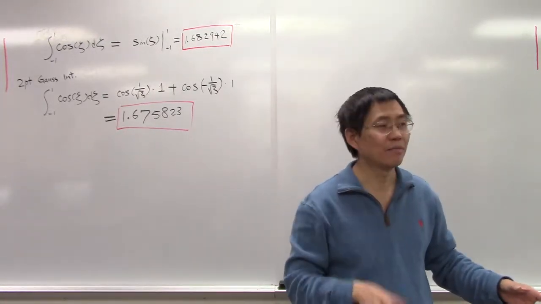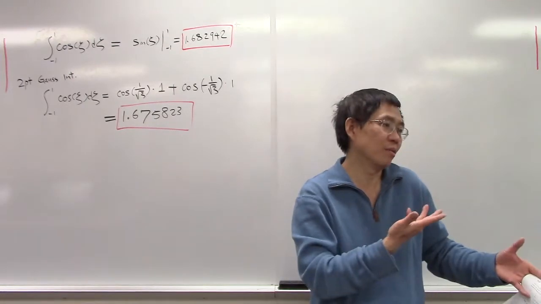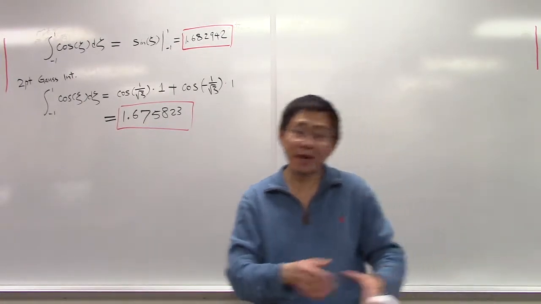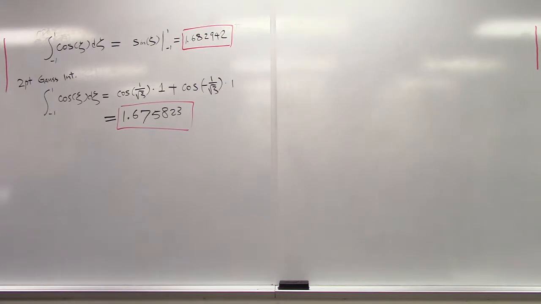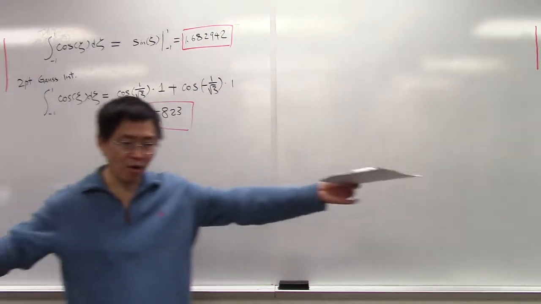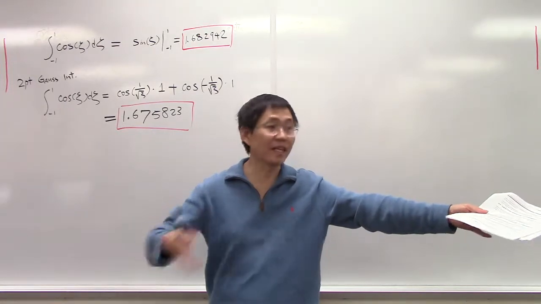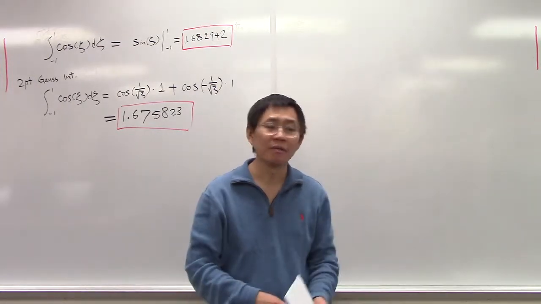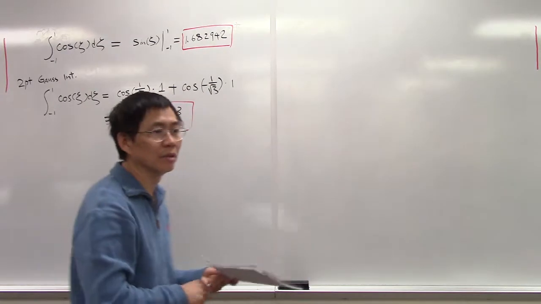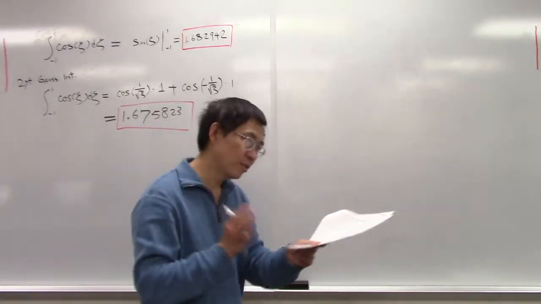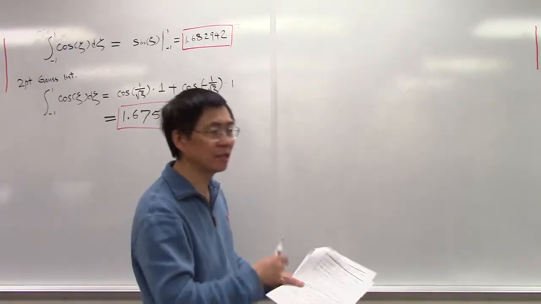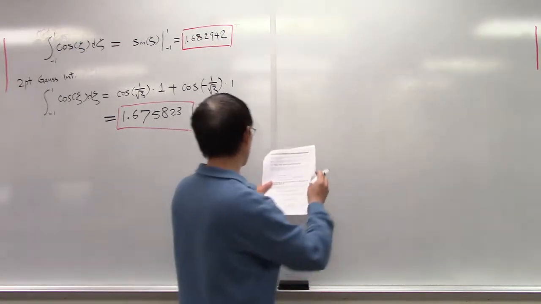Within each element, just use 2-point Gaussian integration. That would be very good, okay? Instead of using a long interval, the whole domain, and using 10-point Gaussian integration, which is not the best approach. Okay. Chop into small elements, and in each element use 2 or 3 Gaussian point integration.